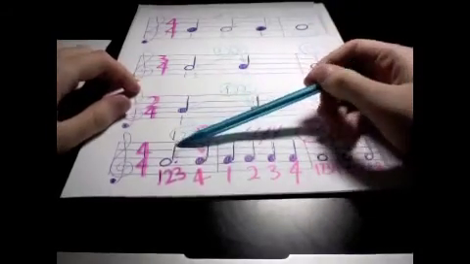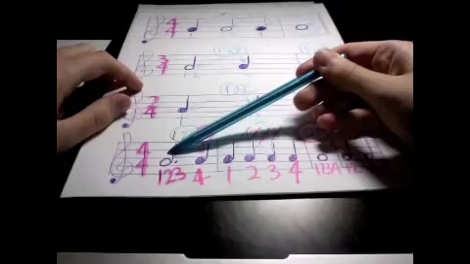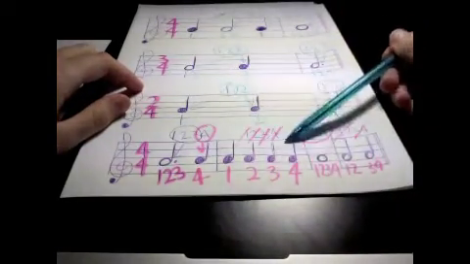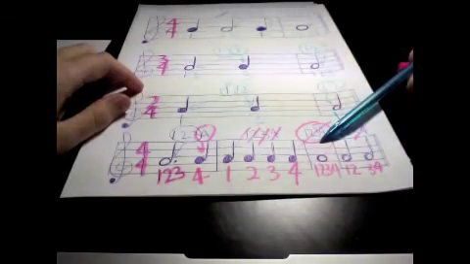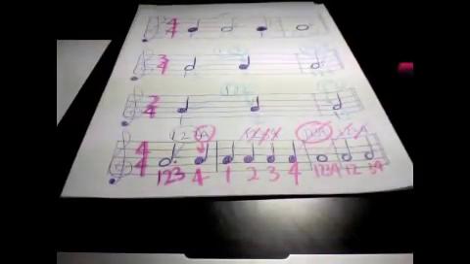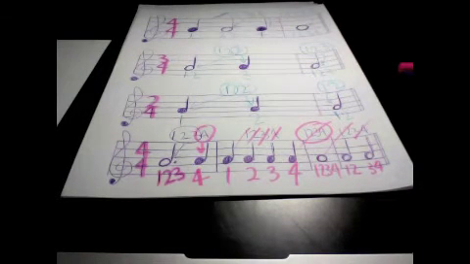Okay, so if we counted this, it would be 1, 2, 3, 4. 1, 2, 3, 4. 1, 2, 3, 4. 1, 2, 3, 4. So if we wanted to count and clap, it would go like this. 1, 2, 3, 4. 1, 2, 3, 4. 1, 2, 3, 4. 1, 2, 3, 4. Okay.